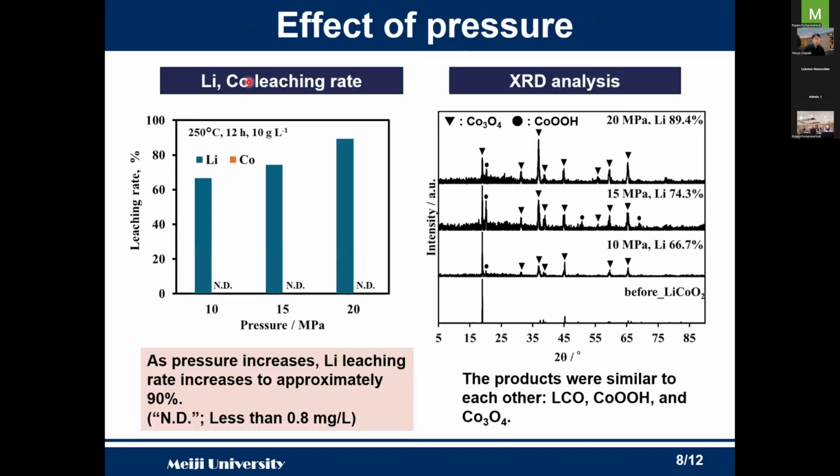Next, we investigated the effect of reaction pressure. The left graph shows that as pressure increases, the lithium leaching rate increases to about 90%, and cobalt was not detected, less than 0.8 milligram per liter.